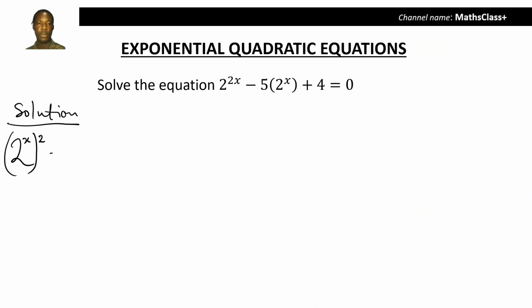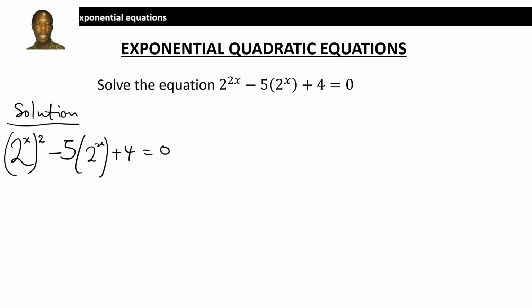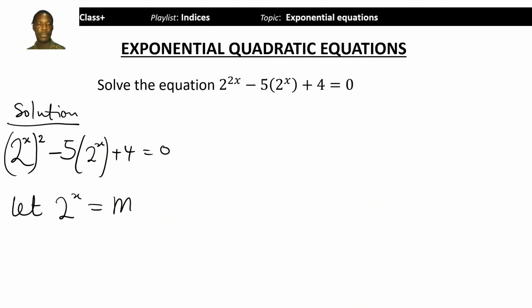So this minus 5 bracket 2 to the power x plus 4 is equal to 0. Now that we have 2 to the power x in two different terms, we are going to let 2 to the power x be equal to m.